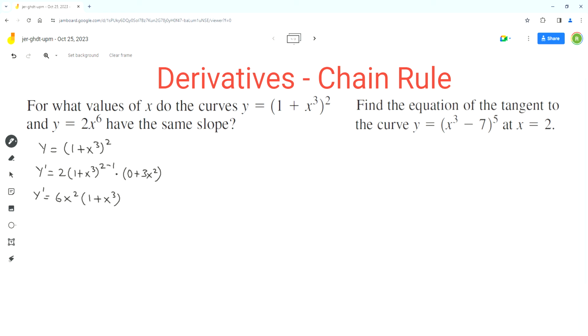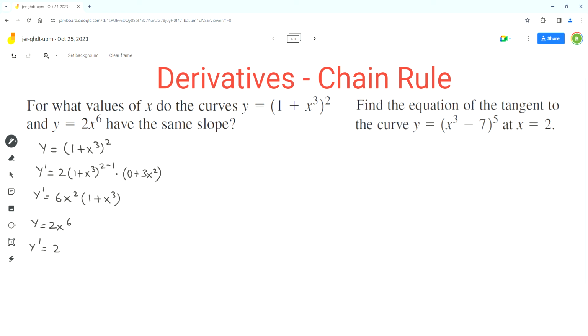Now we can find the derivative of the second function. The second function is given as 2x to the power 6. Now we can use the power rule to find the derivative of this function. So we'll use the prime notation, y prime equals. 2 stays as it is because of the constant multiple rule.